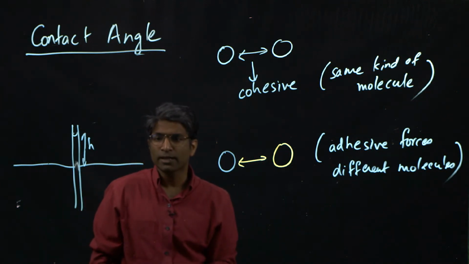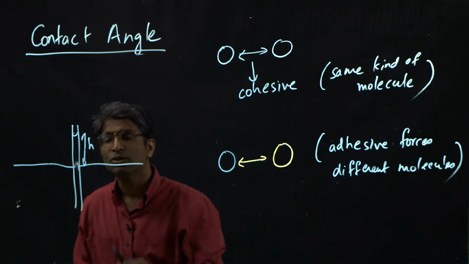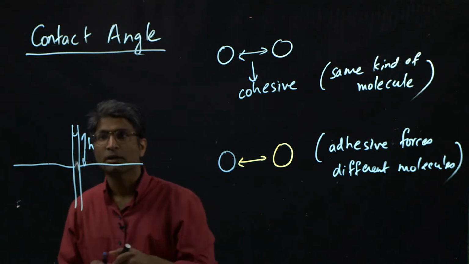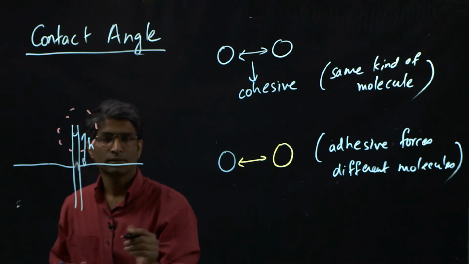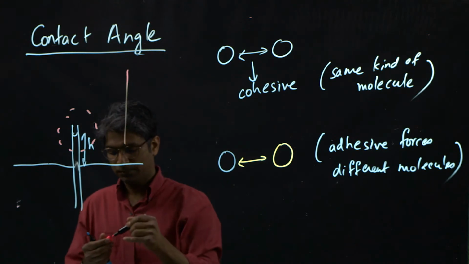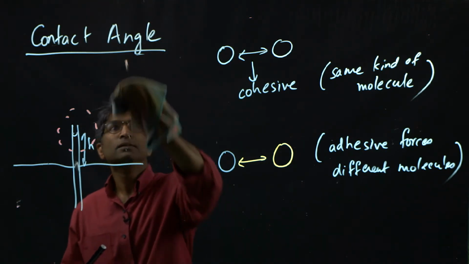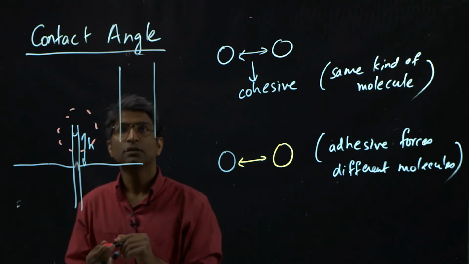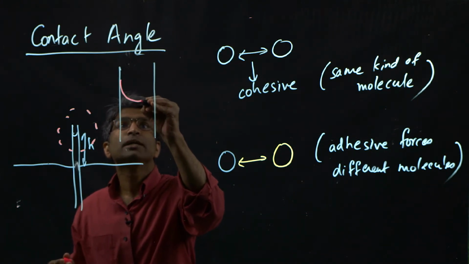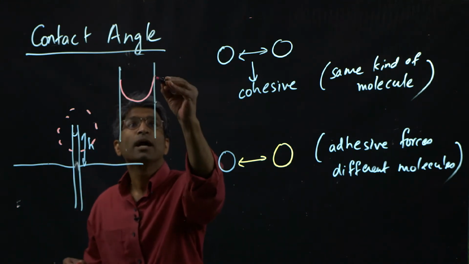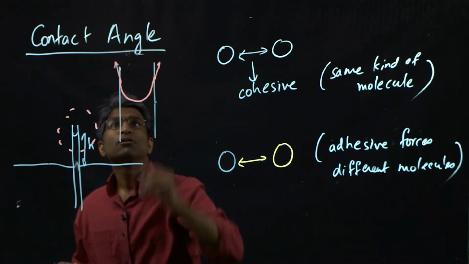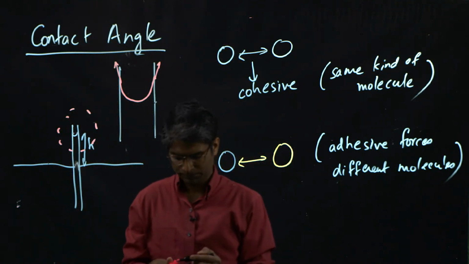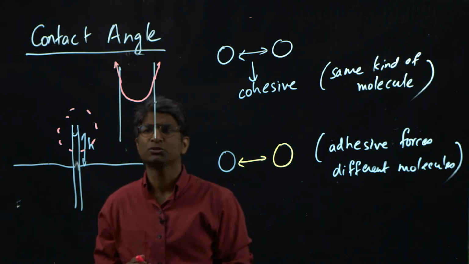One way to figure that out is to quickly do a force balance. If I were to zoom in on the meniscus, I would see essentially a spherical meniscus, and there's a surface tension force at that interface which is pulling up all this liquid so that the interaction can be maximized.